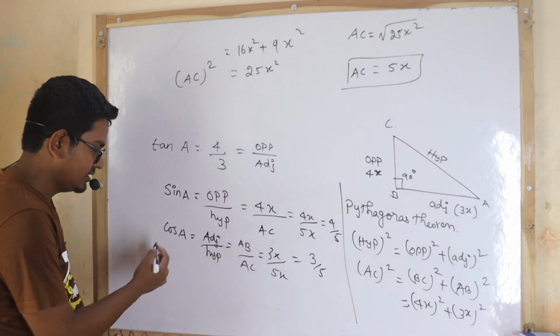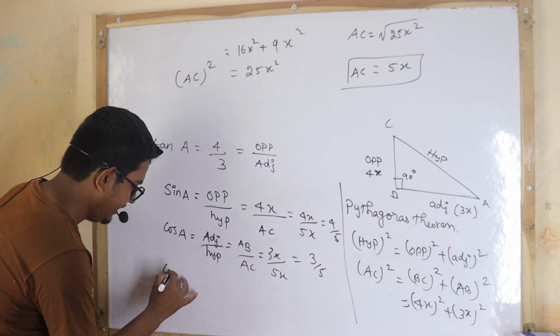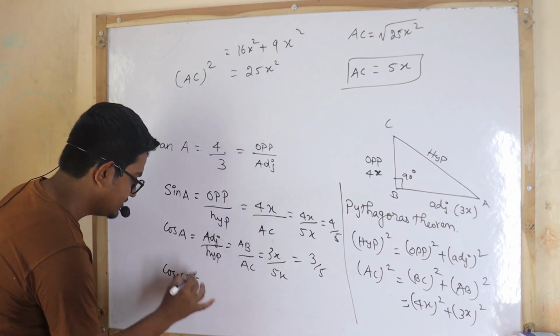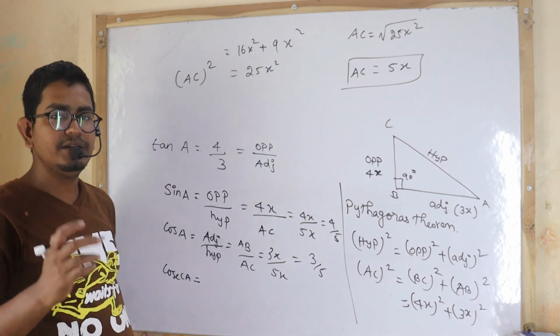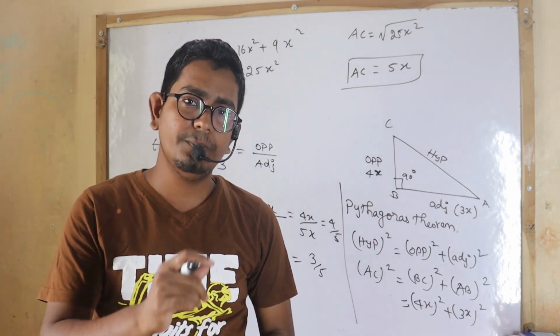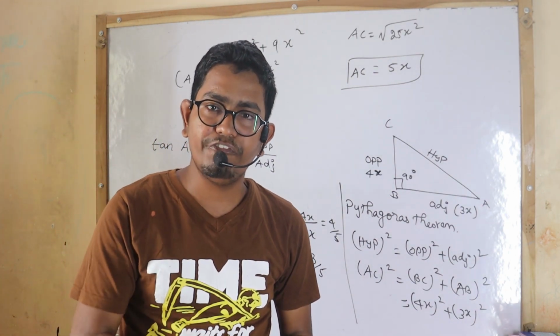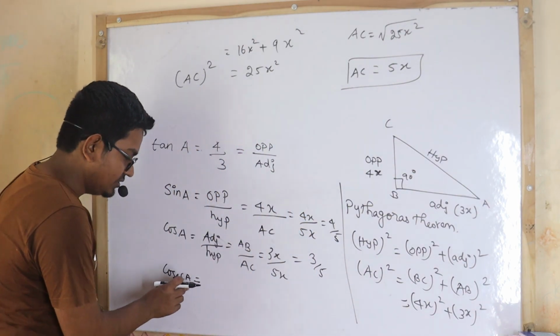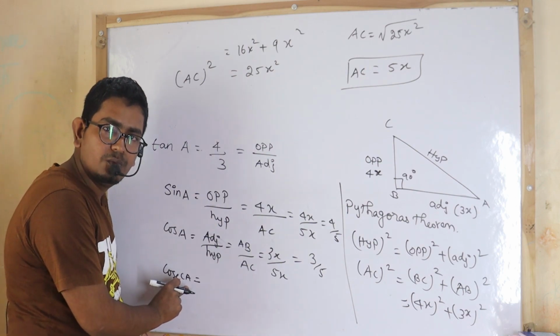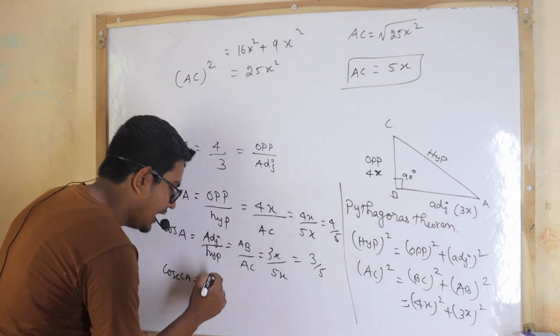Then next, it is cosecant A. I am just going to do this cosecant A in 2 formats. If you have seen the previous lecture, you will definitely do it in the same way. So how I am going to do it, just see. Cosecant A is equal to, what is the formula for cosecant A?